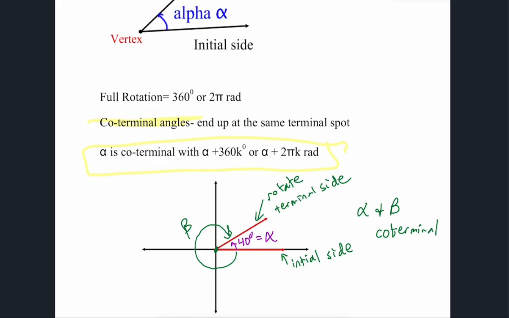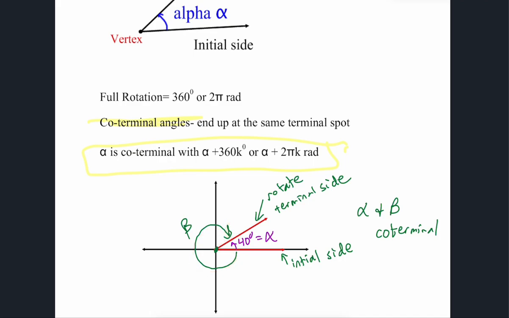They are considered coterminal. So you've got to think about the fact that this is rigid. The initial side is stuck on that x-axis. The vertex is here at the origin. This is our pinwheel, and I can either rotate it up to get to 40 degrees, or I can rotate it backwards to get to 40 degrees.